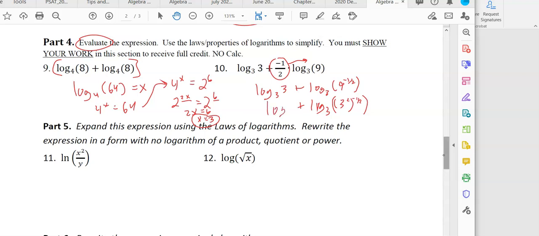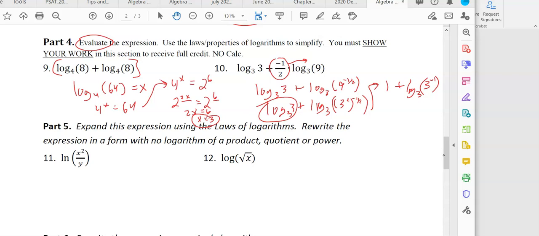So we still have log base 3 of 3. In fact, if you want to simplify that, that first term is 1, right? This is equal to 1. You probably know that. Plus, this would be log base 3 of 3 to the negative 1 power.